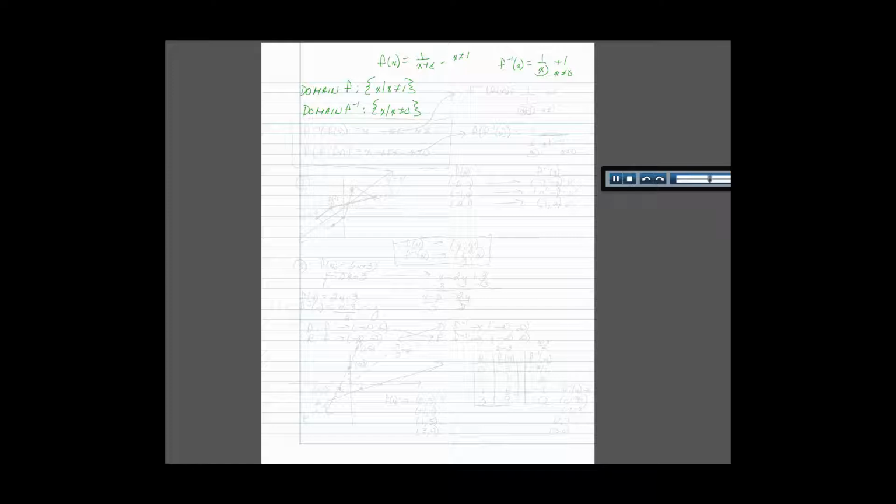So what we're going to say is, we want to know when f inverse of f of x is equal to x, and we want to know when f of f inverse of x is equal to x. So if you go back and look at where we worked those, f inverse of f of x, what we had was 1 over x minus 1 and then plus 1.